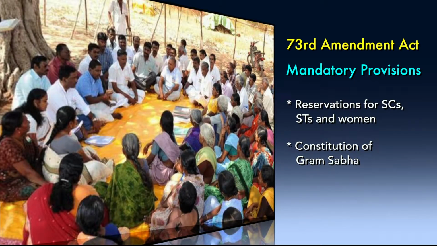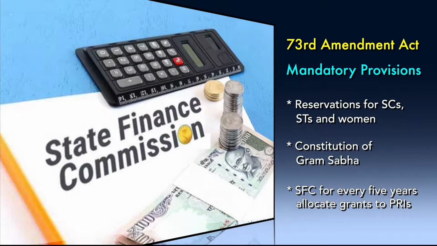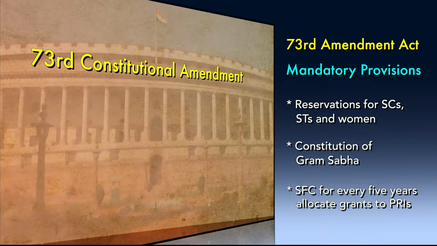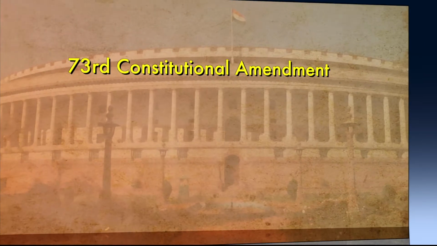Constitution of Gram Sabha, State Finance Commission every 5 years to allocate grants and taxes to Panchayati Raj institutions. These are the mandatory provisions of the 73rd Amendment Act.